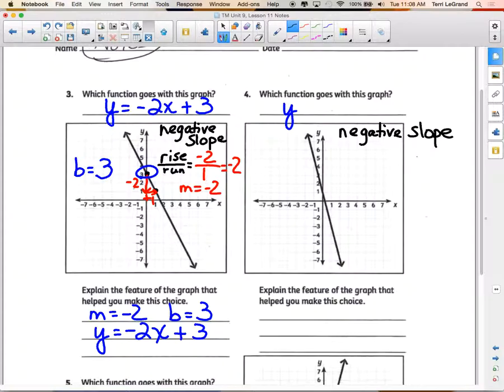Well, let's plot this time this point, 0, 1, and, oh, I don't know, I think I like this one up here, negative 1, 6. Let's look at this better.